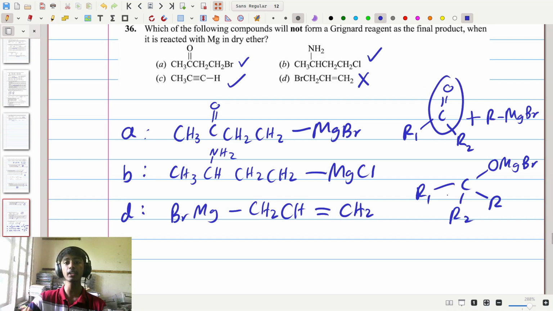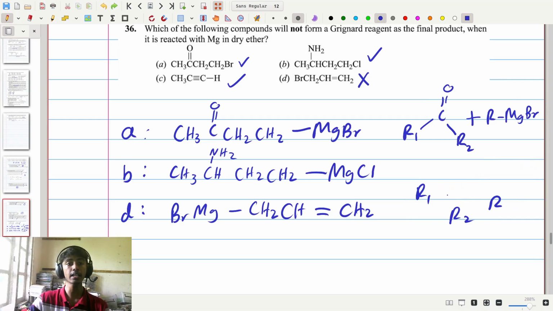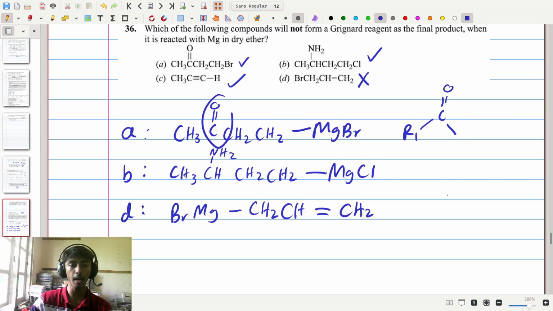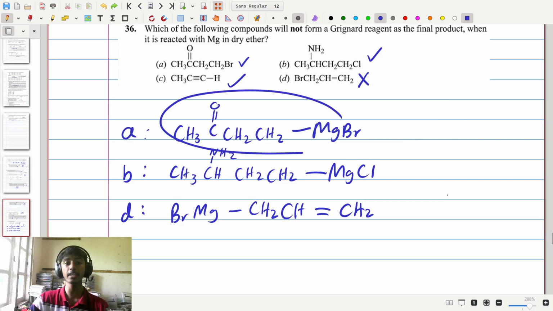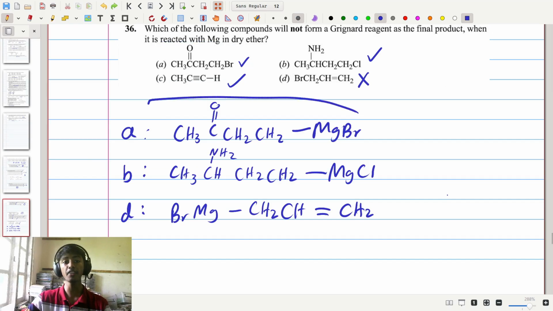If you have a carbonyl carbon and the RMgBr as in a Grignard reagent present, they will react and create a compound like this. Now, if you look at A, in the compound A itself, we have a carbonyl carbon, and also in the Grignard reagent created, we have a carbonyl carbon. Therefore, the Grignard reagent created by A will react with both itself and also the original compound A, and therefore will not remain stably as this Grignard reagent.